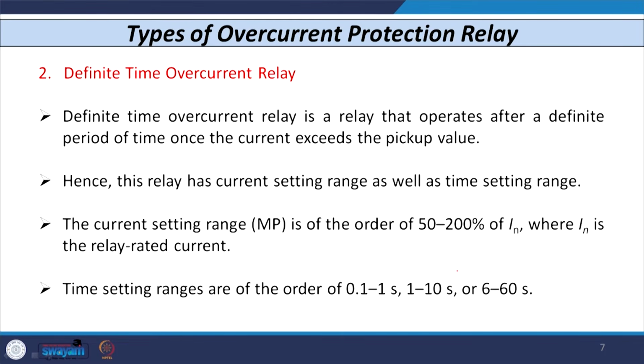Compared to the earlier instantaneous overcurrent relay, which has only one setting, the current setting, this relay has two settings: one is known as the current setting and the other is the time setting. The current setting range, as I told you earlier, is normally considered as multiple of pickup current. Its setting range is 50 to 200%.